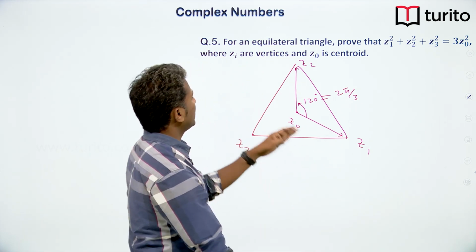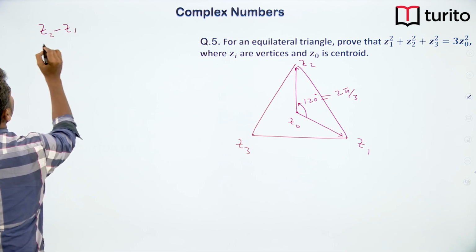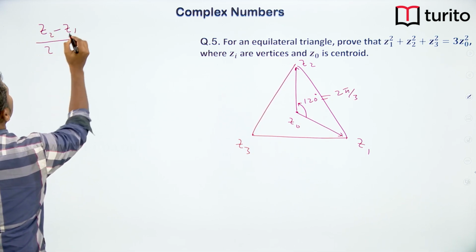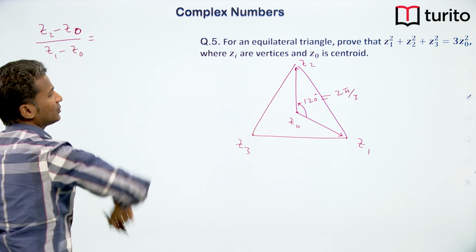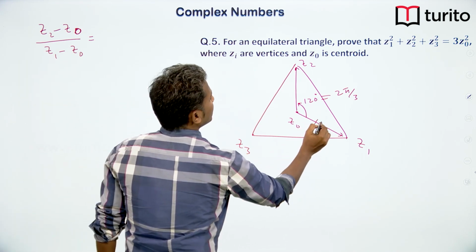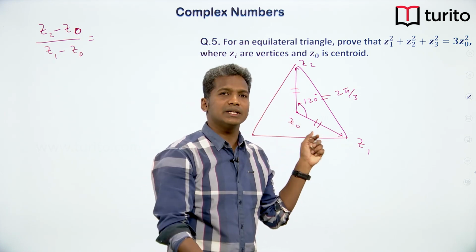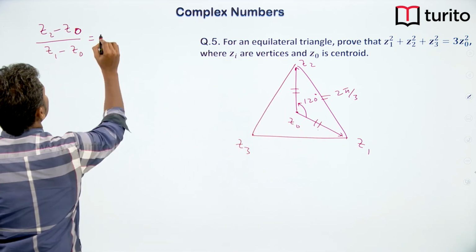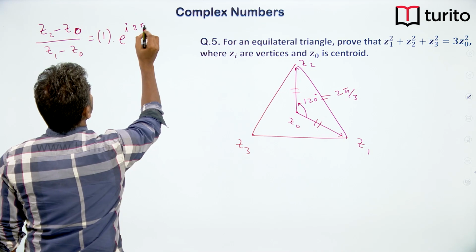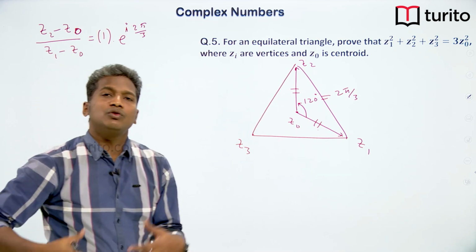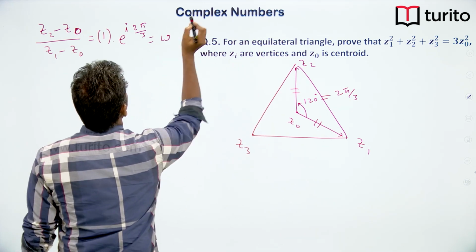If I apply complex rotation here, I get (Z2 minus Z0) by (Z1 minus Z0) is equal to, because these two are equal since it is an equilateral triangle and this distance is the circumradius, the ratio of the magnitudes is 1, and e power i times the angle of rotation, 2 pi by 3. Now, you know that e power i 2 pi by 3 is the cube root of unity, so I can just write it as omega here.